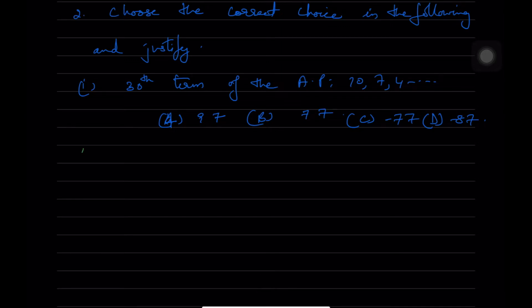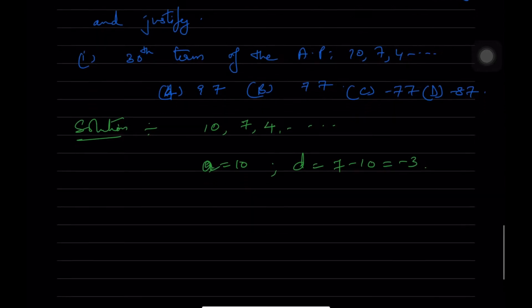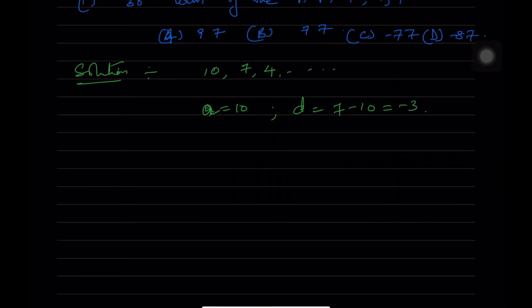So we have to find, so solution for this is, given AP is 10, 7 and 4. So here A is equal to 10. The common difference D is equal to 7 minus 10, which is equal to minus 3. We have to find out what is the value of A30. N is equal to 30 for us over here.